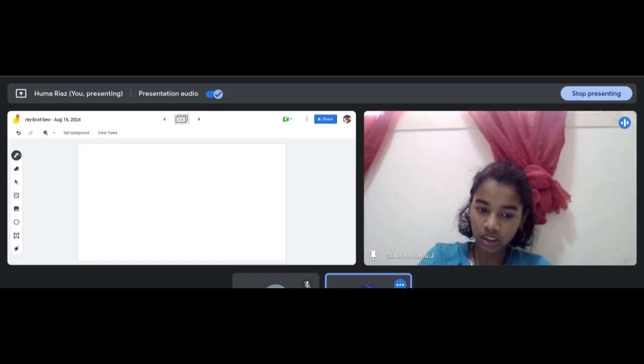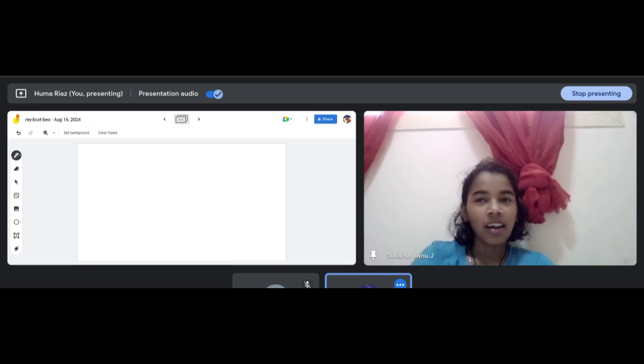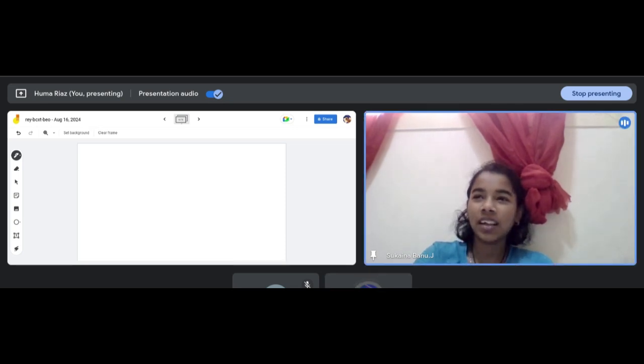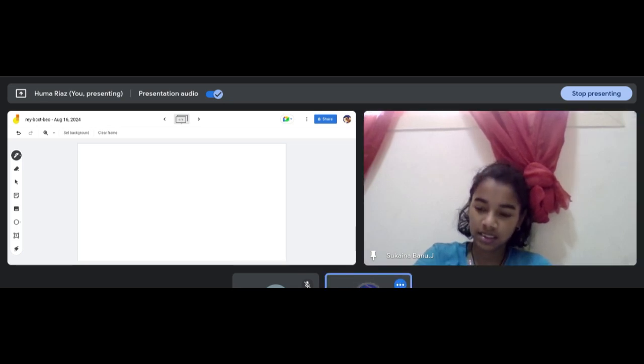Okay. What is the sum property of a parallelogram? If we add all the angles of a parallelogram, what is the total? 360. 360. So as I told you, the name defines itself, parallelogram. The sides are parallel and equal with each other.